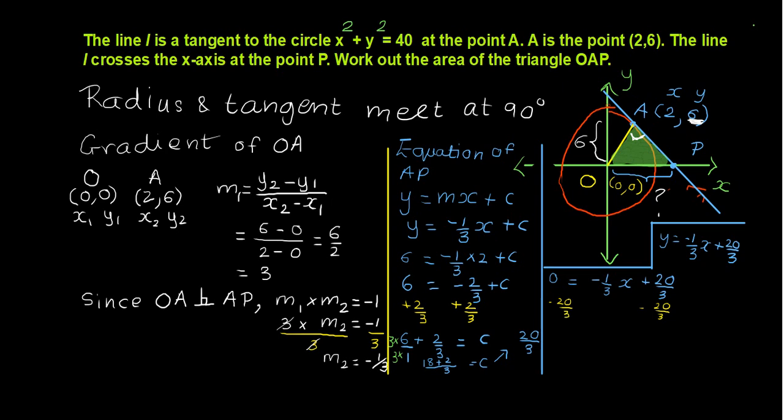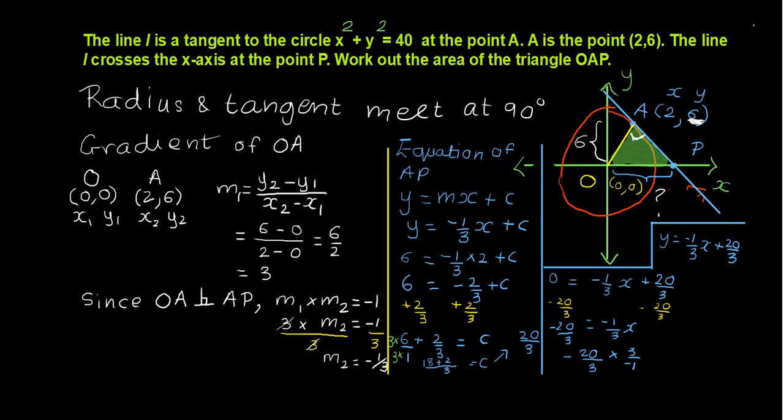I'm going to really be struggling for space here. Okay, so we got minus 1 over 3x is equal to minus 20 over 3. Then I would divide both sides by minus 1 over 3. On the right hand side, it will cancel out, and on the left hand side you'd have minus 20 over 3 divided by minus 1 over 3, which could become times 3 over minus 1.